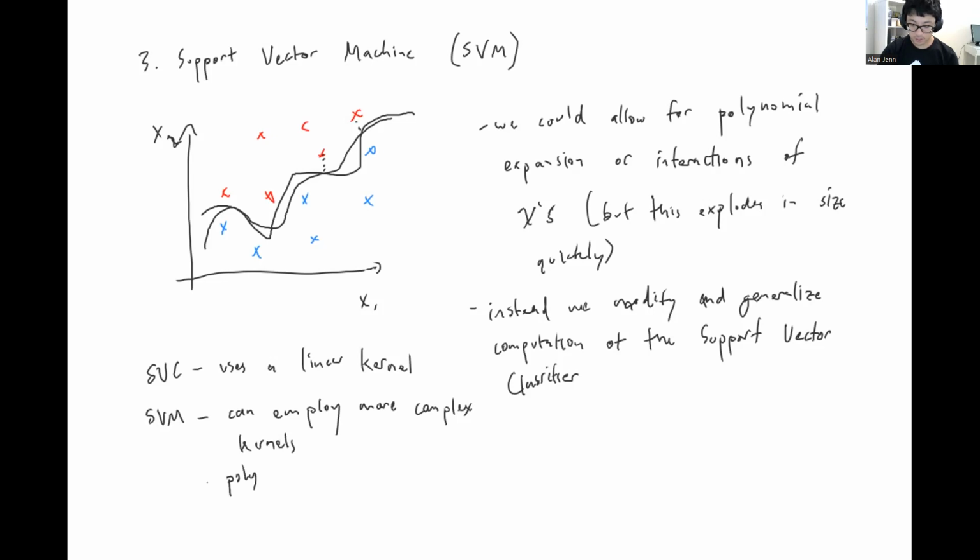This can be polynomial or radial, and these are the most common.